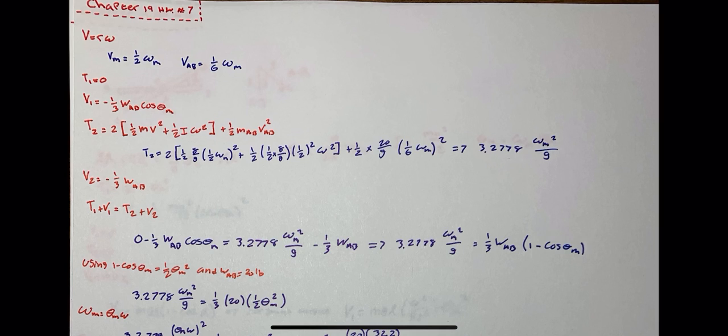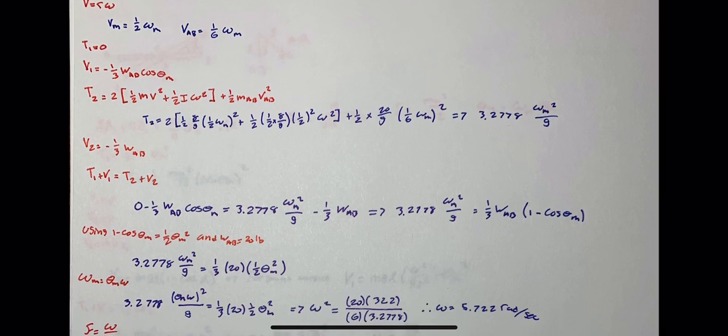And then plugging in our knowns there, we can simplify that whole thing down to 3.2778 omega squared over G. And then after that, we can find V2, which is negative 1/3 WAB. After that, we know that T1 plus V1 is equal to T2 plus V2, so we can go ahead and plug in all our knowns there.